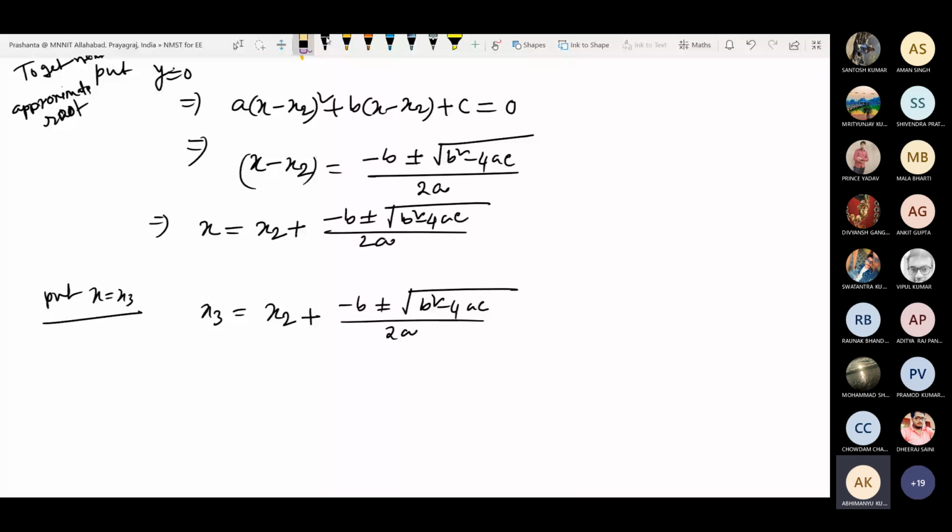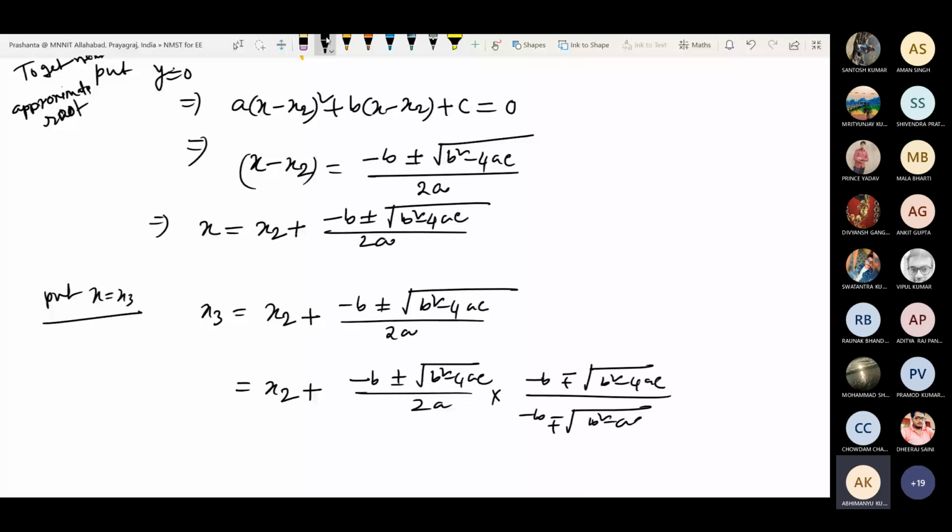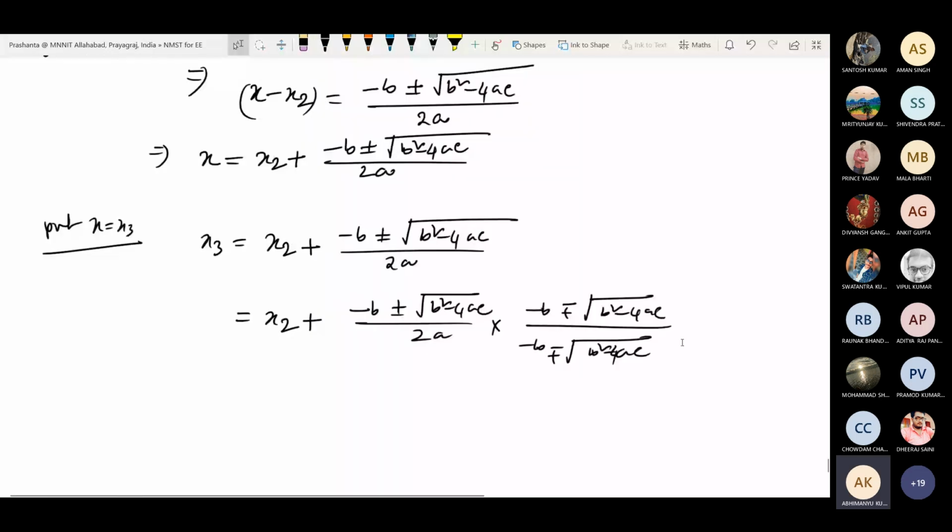This will be x2 plus minus b plus minus root over b square minus 4ac by 2a, into minus b minus plus root over b square minus 4ac by minus b minus plus root over b square minus 4ac. So what will be the numerator term and denominator term after this multiplication? So x2 will be there. What is this part? You do the multiplication and tell me this part.